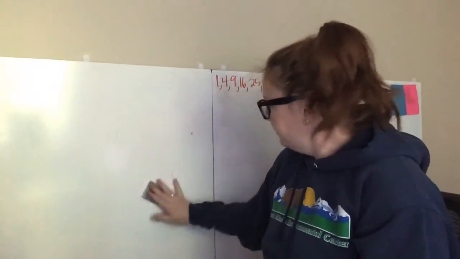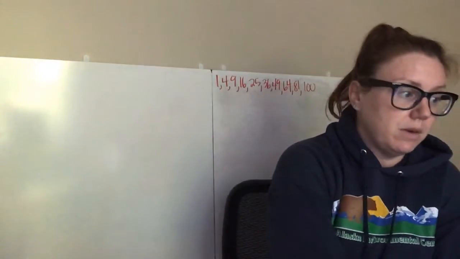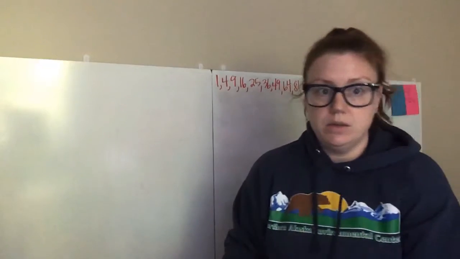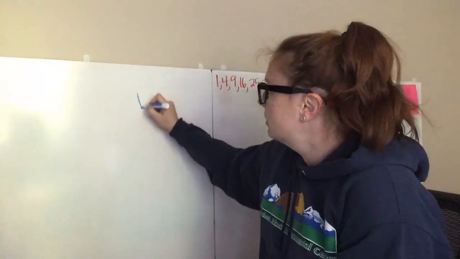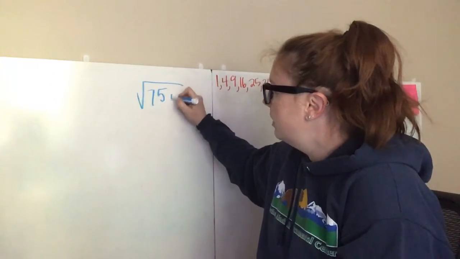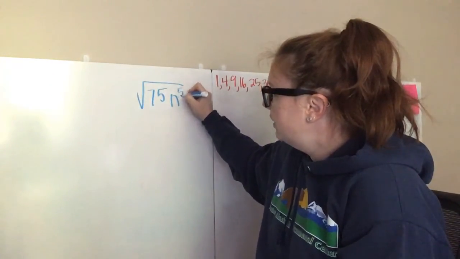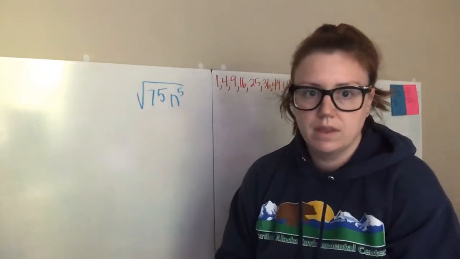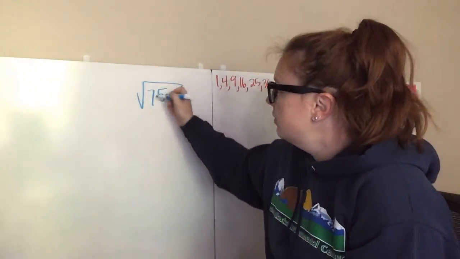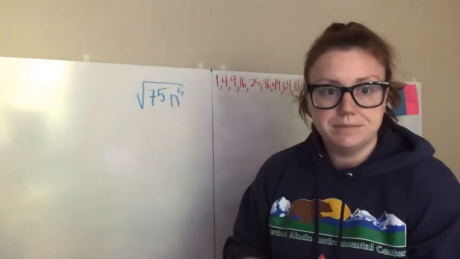Let's do a couple more. And again, your factor squares are going to be super helpful during this whole thing. So let's do the square root of 75 n to the 5th. That's a 7. Let's make sure you know it's a 7. 75.